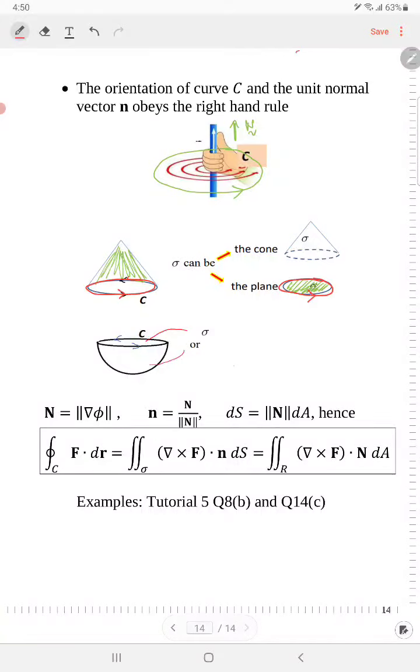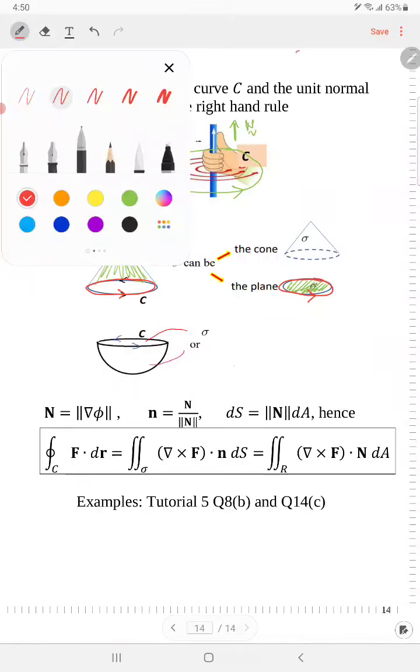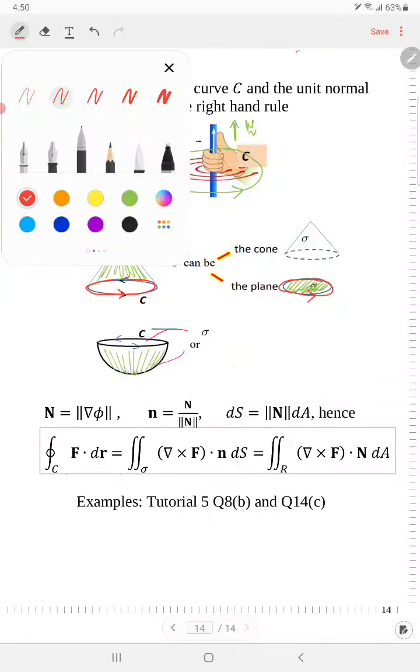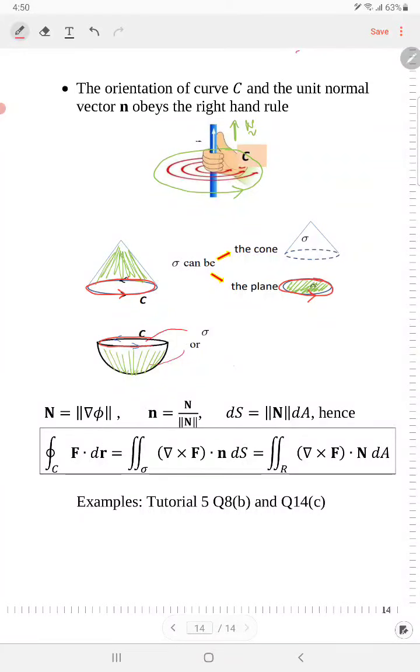In this next example, let's say this is your open surface sigma, then the boundary to that open surface is also a circle. Sometimes it's useful to have this information.